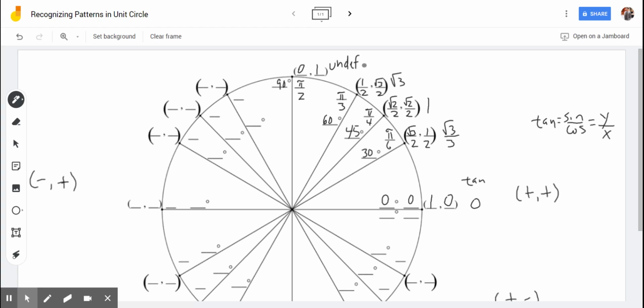So from here, we're going to establish how to count in radians as well as the patterns that exist within the unit circle. Okay, so if we count by pi over 6s, and guys, think about pi as 180 degrees.